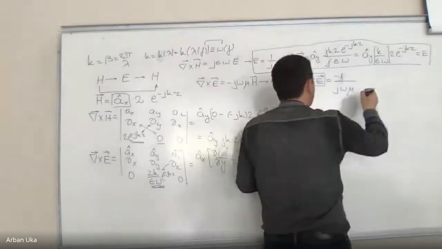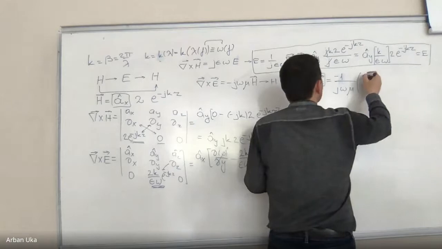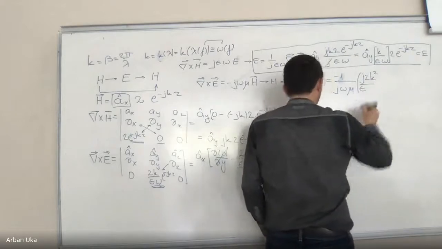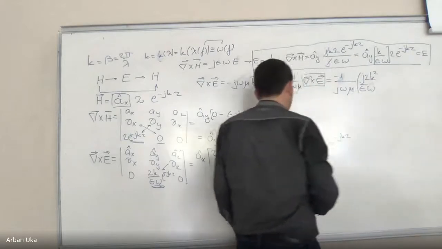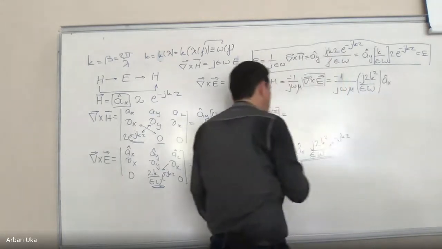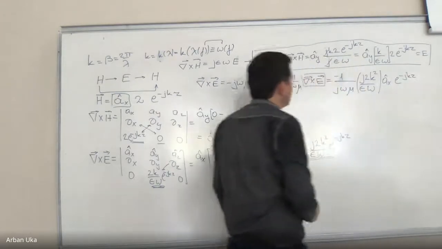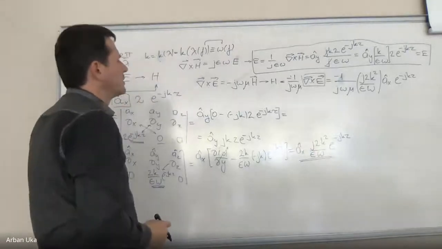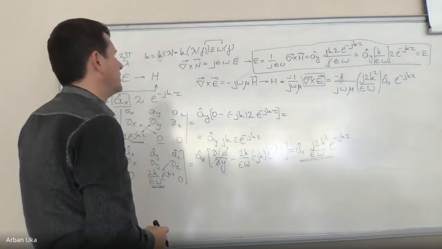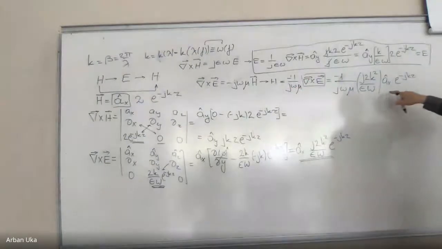The curl we have here is j2k squared divided by permittivity times omega times ax, times e to the power minus jkz. So we got a negative sign, and this is h, right? We got all of these terms.